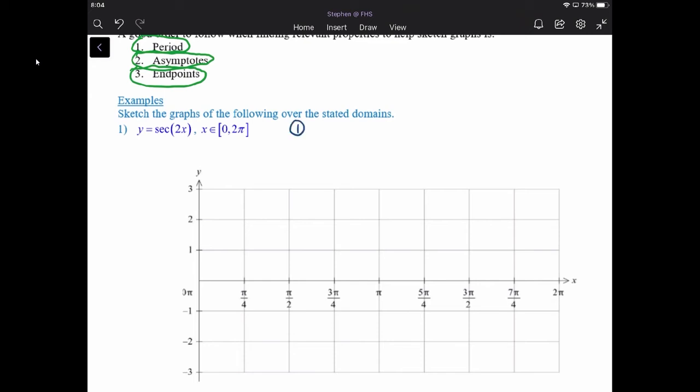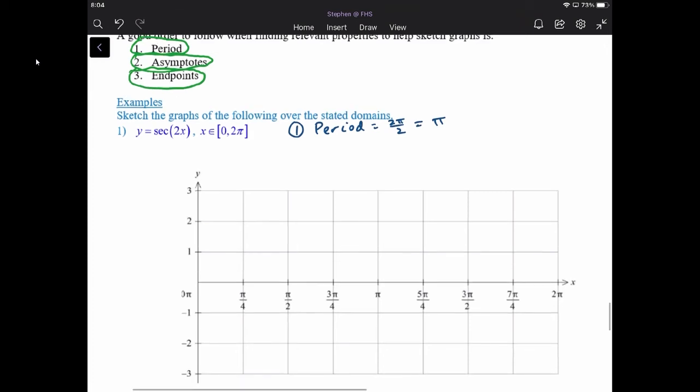Right, so 1, period. Well, the period is going to equal 2 pi divided by 2, which is equal to pi. Okay, so that means if our domain is 0 to 2 pi, we're going to have exactly 2 periods fit into this particular axis. Right, next thing is we have asymptotes.